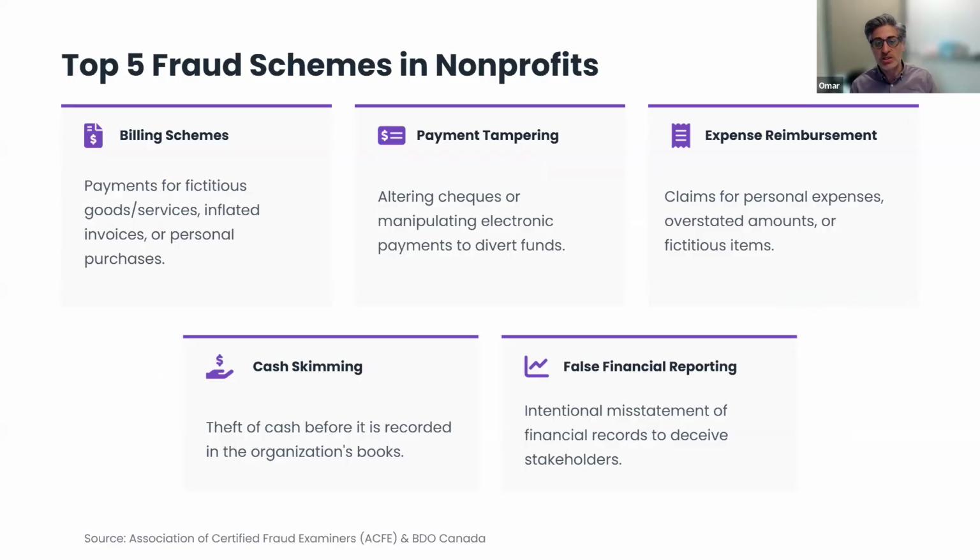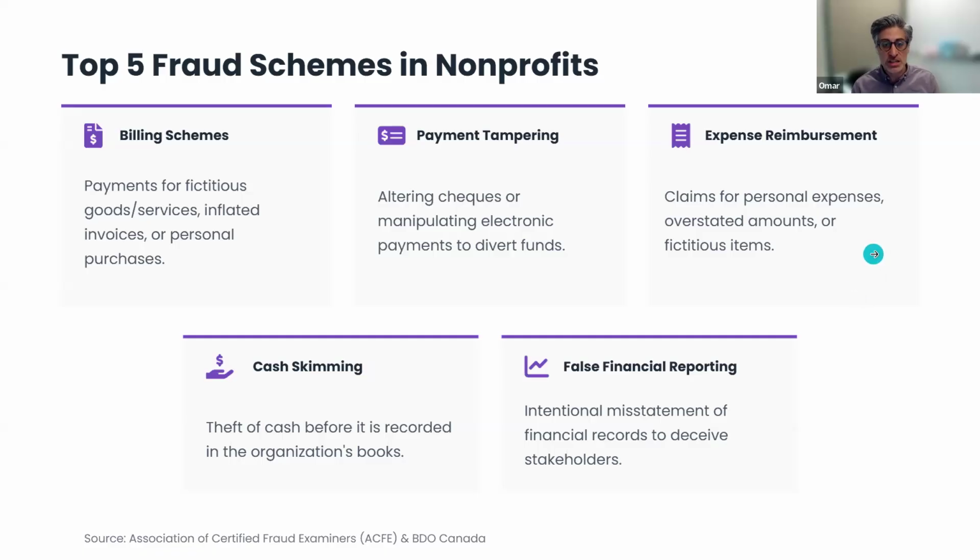Payment tampering, so altering checks or manipulating electronic payments to divert funds. Expense reimbursements, so claims for personal expenses, overstated amounts, or fictitious items. Cash skimming, theft of cash before it is recorded in the organization's books. And false financial reporting, so intentional misstatement of financial records to deceive stakeholders.